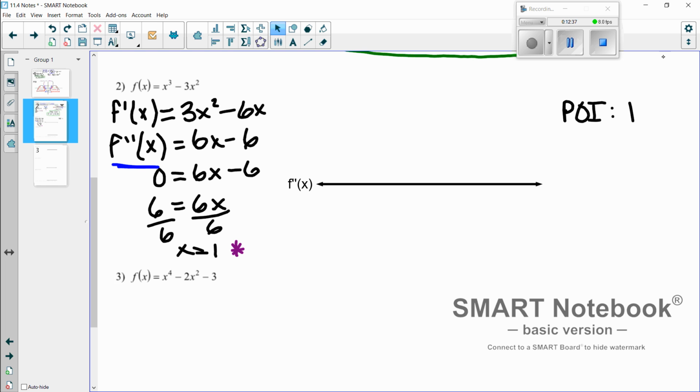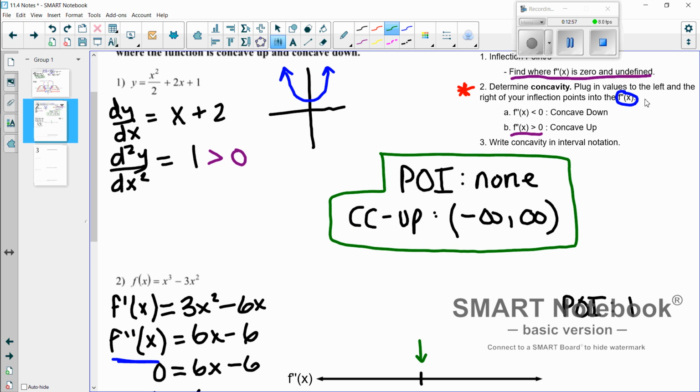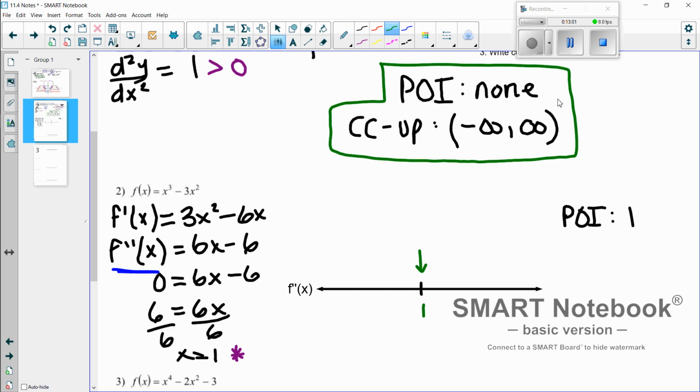So what we're going to do here is set up this number line, looking at it like the x-axis. And I'm going to plot my inflection point, which here is 1. I'm going to write this arrow just to help me out. My step 2 is telling me to plug in values to the left and the right of your inflection point.